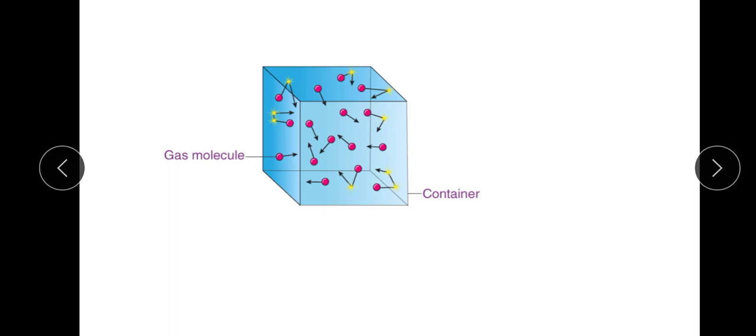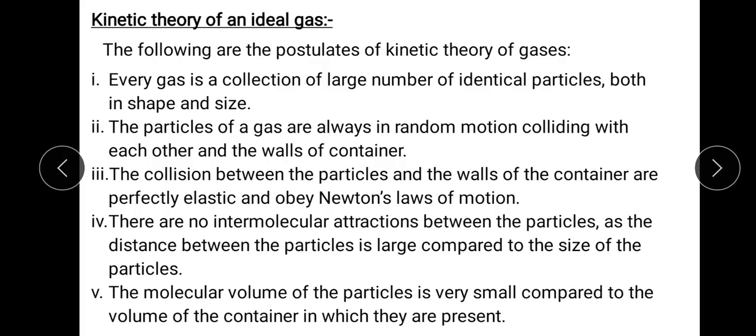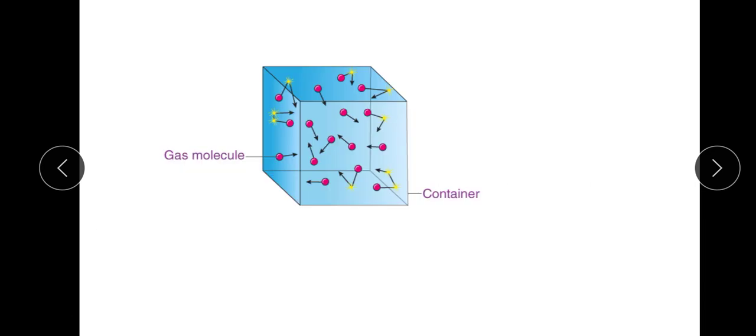So the first point says that a gas consists of a large number of identical particles which are the same in shape and size. They are identical particles, and that is what we call molecules here.